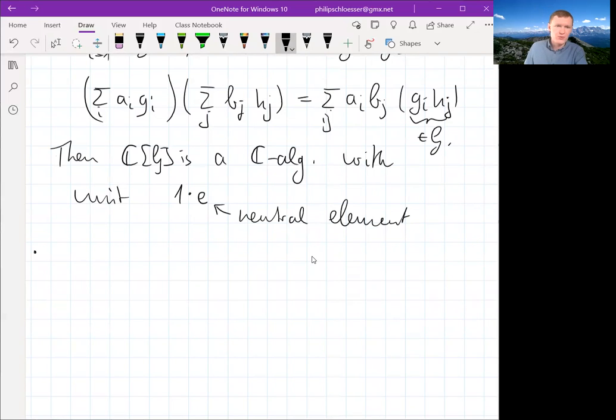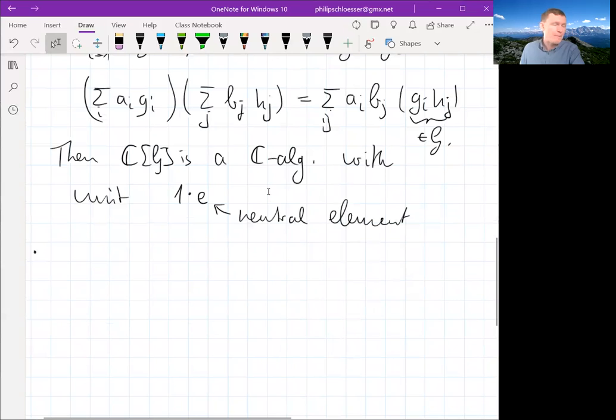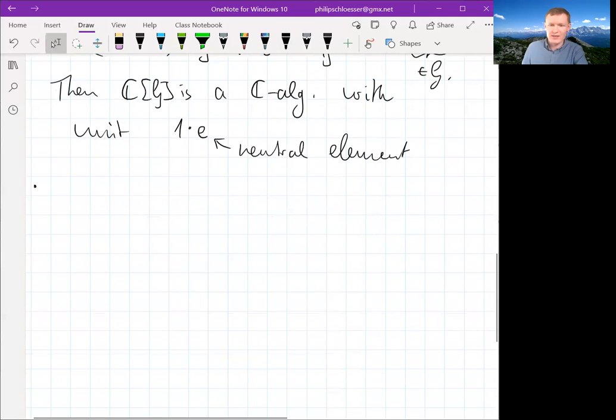Now the word group algebra can actually refer to a lot of things when you're not strictly talking about the field of algebra, but when you're talking about functional analysis, operator algebras, Lie groups, then you could also mean other things when you say group algebras.